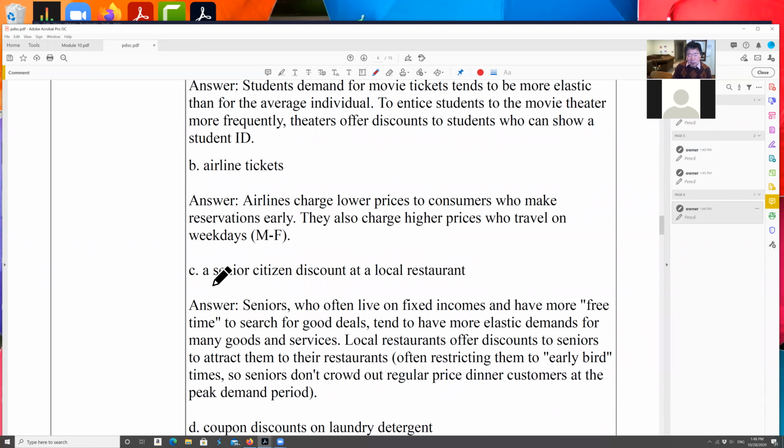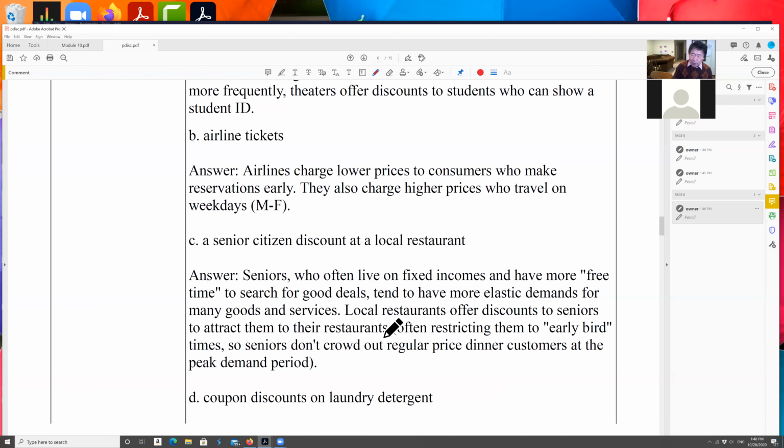And also senior citizen discounts. Sometimes they give 10% discounts, whatever, to old people or students. So these are some ways. There must be an easy way to separate these groups of consumers, okay?